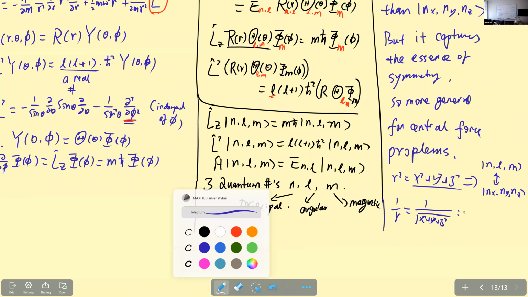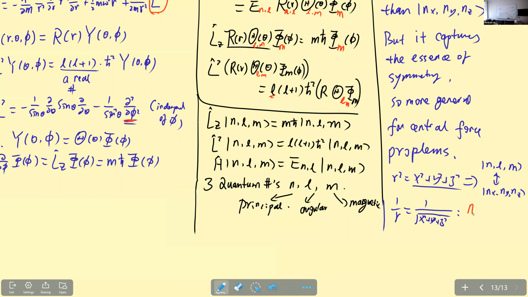In this case there's no easy separation of x, y, z. So you cannot use n_x, n_y, n_z to label the states, because x, y, z are entangled together and you cannot easily separate them, unlike in this case, where you have a separation.